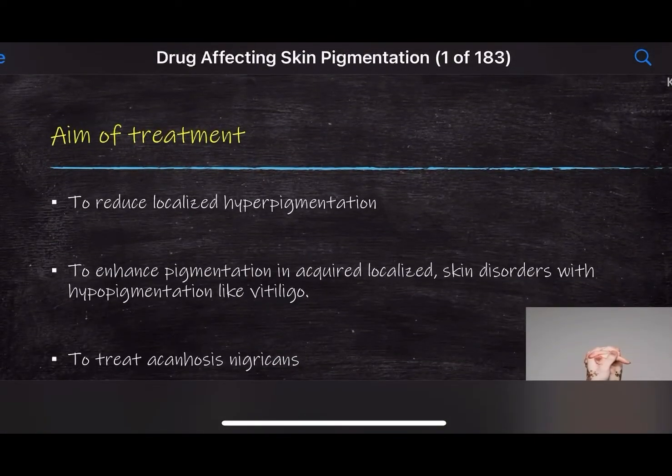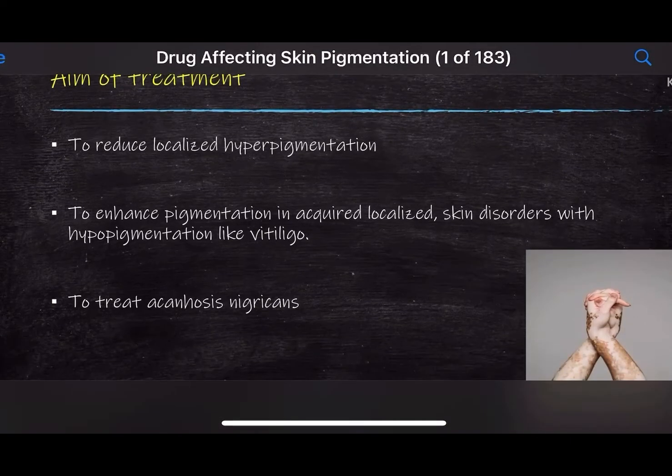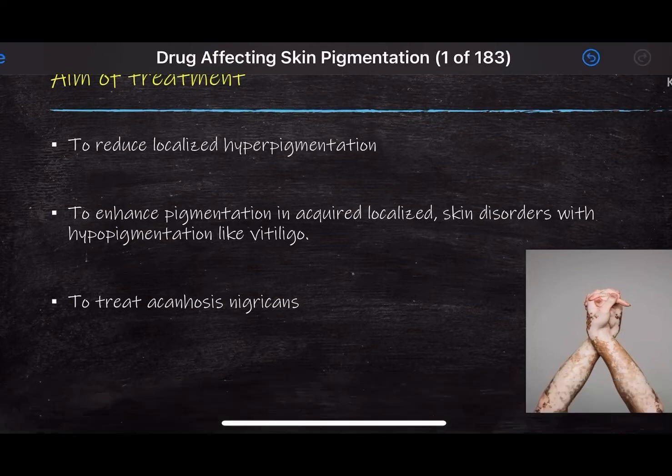Next point, if the person is facing problems like skin pigmentation, what will be the aim of treatment, or what can we expect from the treatment? The first point is to reduce localized hyperpigmentation, to enhance pigmentation in acquired localized skin disorders with hypopigmentation like vitiligo, and to treat diseases like acanthosis nigricans.